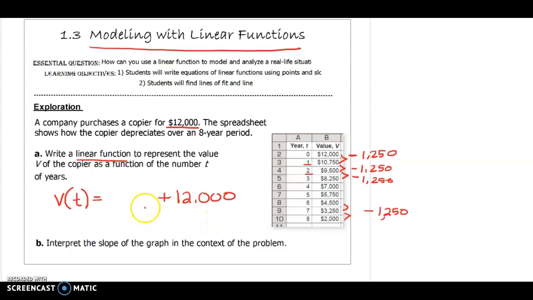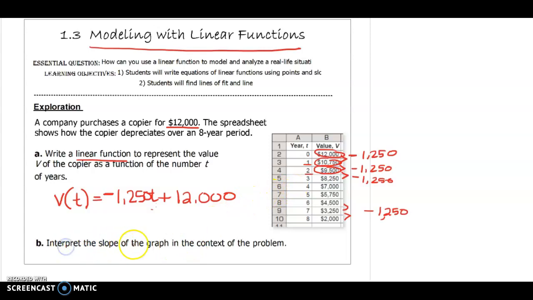And we are going to depreciate, so we're going to go down $1,250 per year, so I'm going to put t. Okay, so our function would be negative $1,250t plus $12,000. So if t equals 0, we get 12,000. If t equals 1, we get 10,750. If t equals 2, we get 9,500, and so on and so forth.